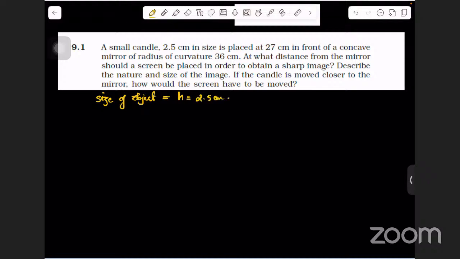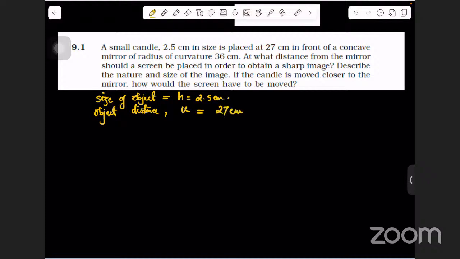Next, we have the object distance. It's placed 27 centimeters in front of a concave mirror. The object distance, which by popular convention we denote by the letter u, is 27 centimeters.